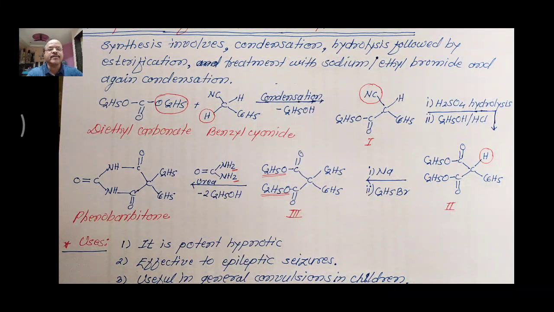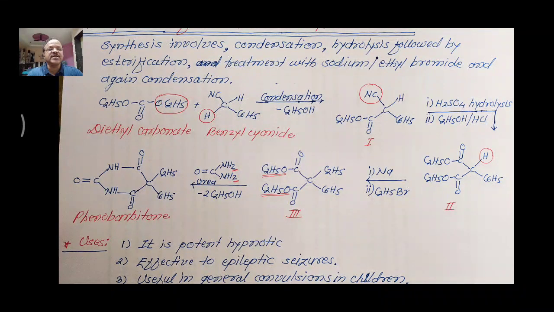The starting compound used in the synthesis of phenobarbital is diethyl carbonate, C2H5O, C double bond O, OC2H5, plus benzyl cyanide. This benzyl cyanide consists of one acidic hydrogen, which is shown by the red circle.